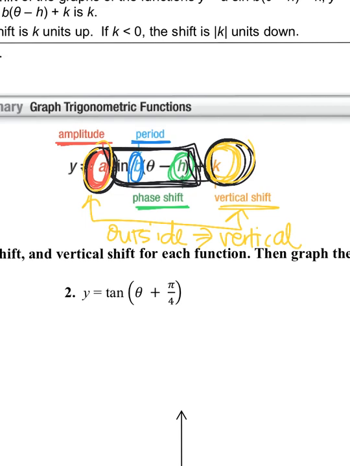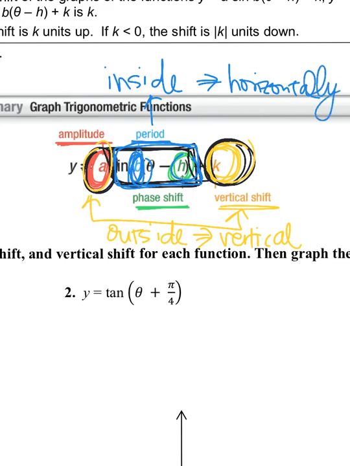These guys inside the function, right? So the b and the h, this is inside the function. So if it's inside the function, it's going to affect the graph horizontally.